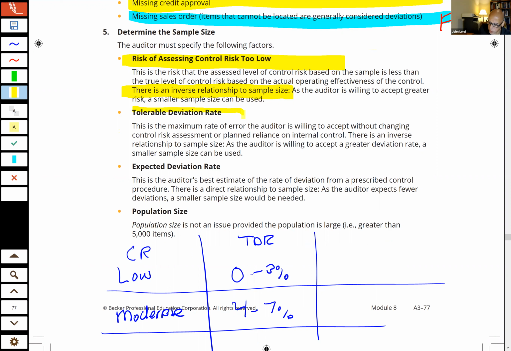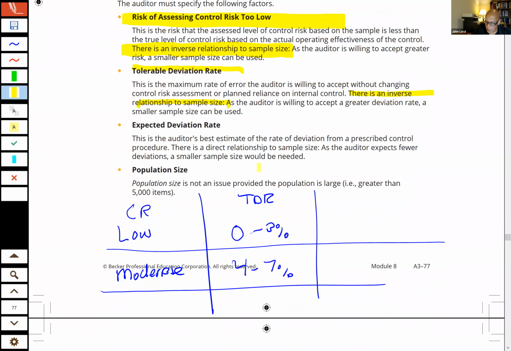Tolerable deviation rate also has what? An inverse relationship to sample size. So what happens? As we've said, we need more, better evidence.